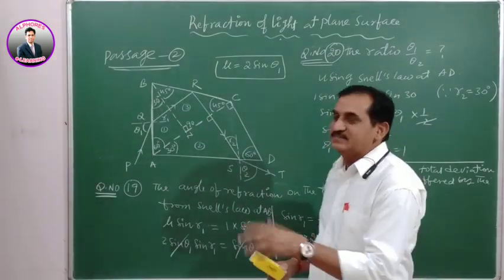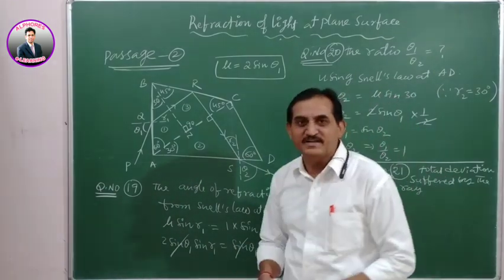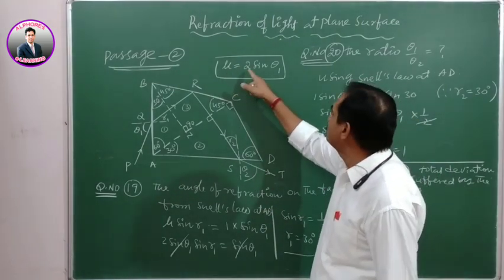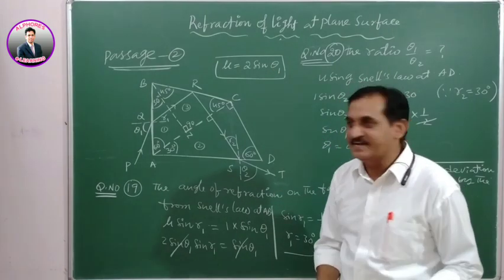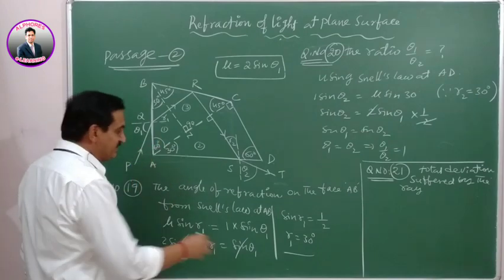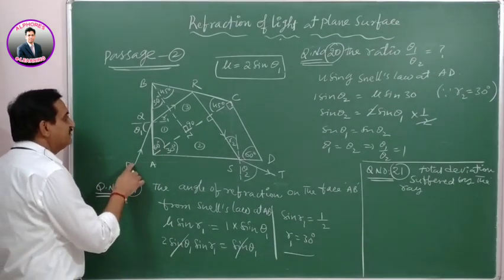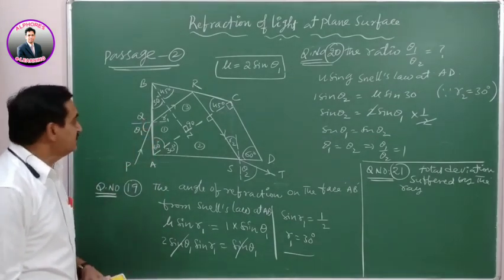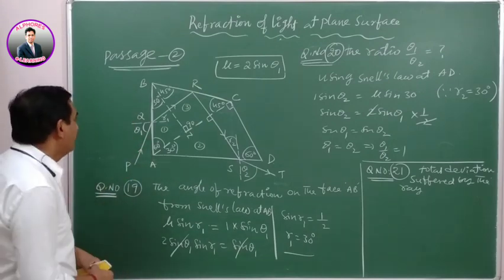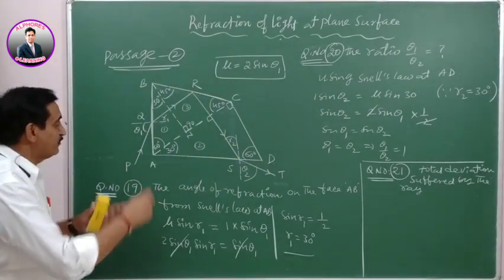So it is a transparent material medium, so all these 3 prisms have the same refractive index. That refractive index is given as mu equals 2 sin theta 1. See here, as a whole, this combined prism ABCD, on which PQ is the incident ray, is incident on the surface AB at an angle theta 1, undergoes refraction, and finally the ray path is given in this problem.